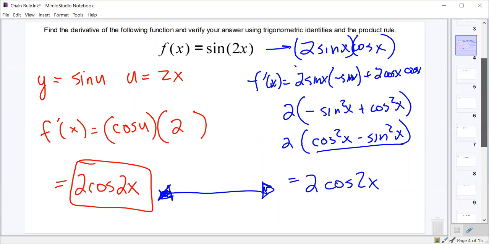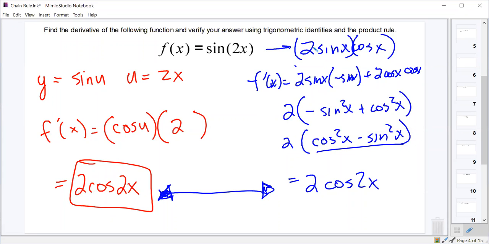Any issues? How did you do 2 cosine x times the derivative of 2 sine x, like in the first step? Up here? Yeah.